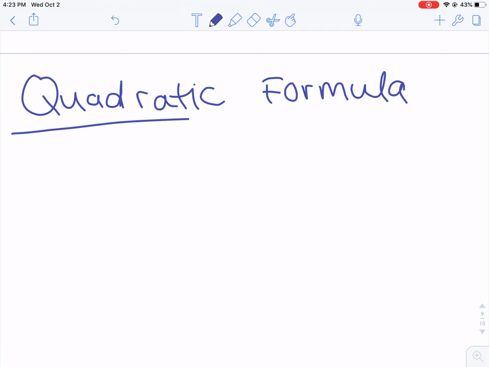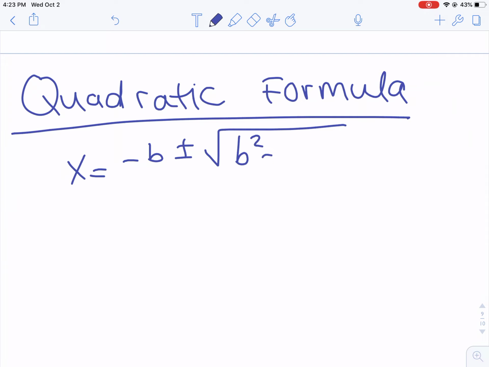So if you remember from Algebra 2, the quadratic formula is x equals negative b plus or minus the square root of b squared minus 4ac all over 2a. And you have to use the quadratic formula also when things can't be solved using any of our other quadratic methods.